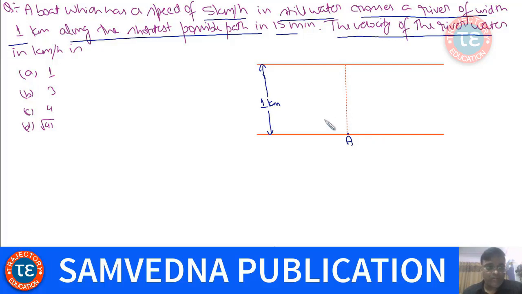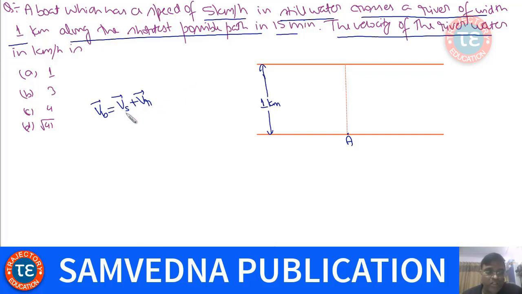minutes. So the net velocity of the boat, see, is going to be the velocity of the boat in still water, say call it Vs, and the velocity of the river. See, the velocity of the river will always get superimposed on the velocity of the boat.